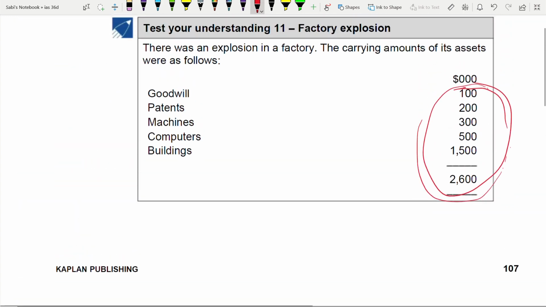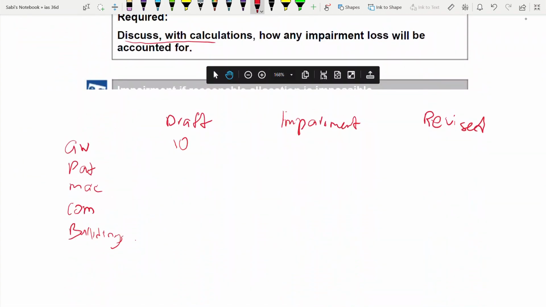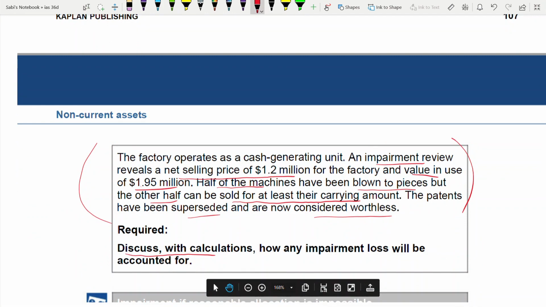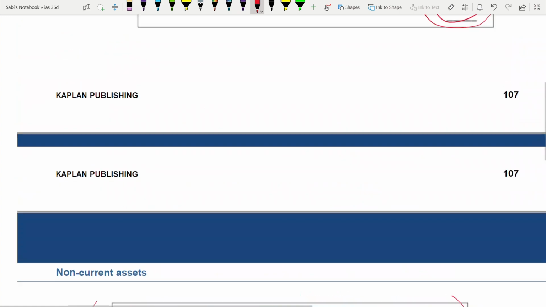For example, goodwill. Goodwill is 100. Nothing will happen to goodwill. It's 100. Okay. Coming to patent, they told patent are now considered worthless. That means it will be nil. It's 0 here. Coming to machines.